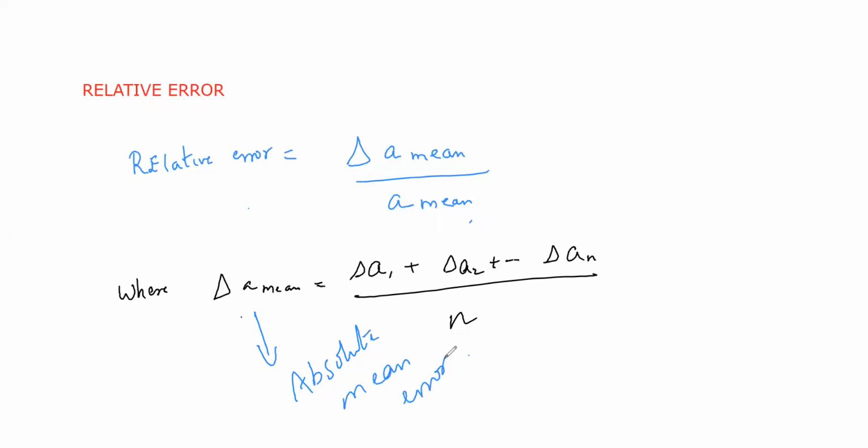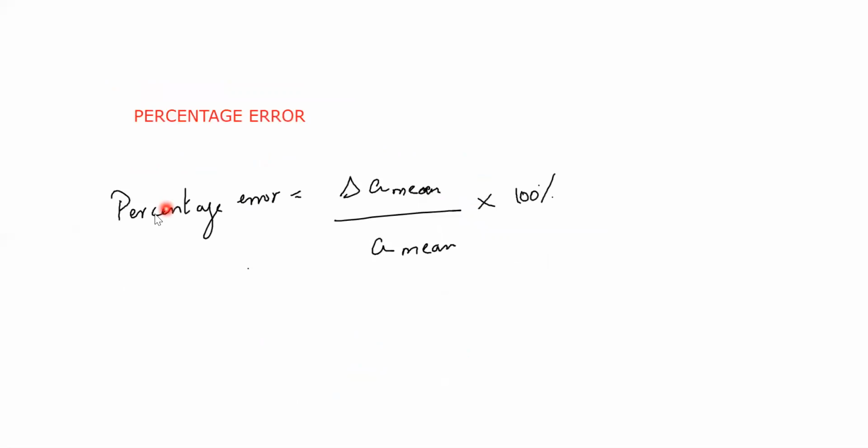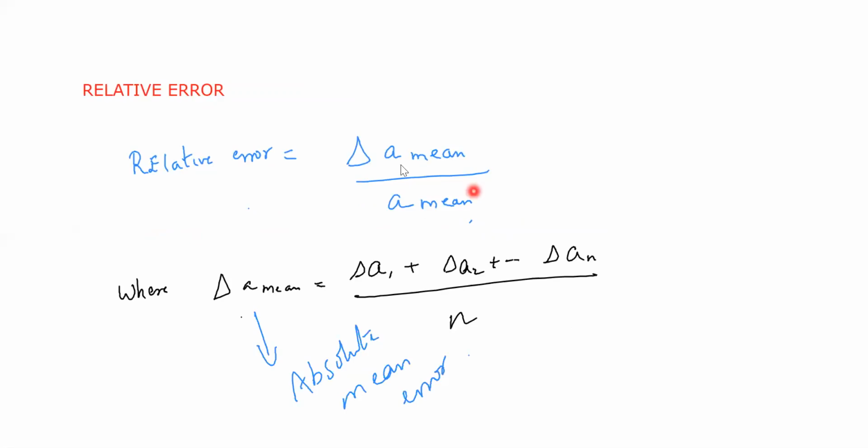So guys, this is something which we have to memorize, but it is very easy also. I don't want to waste much time on this. Percentage error is one of the things that is going to be asked in the entrance examination. It is delta A mean by A mean into 100, whereas our relative error is just delta A mean by A mean.